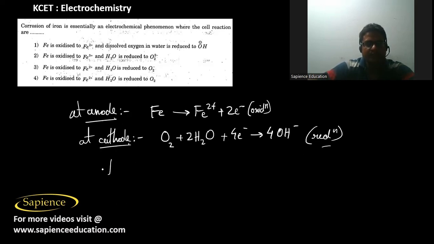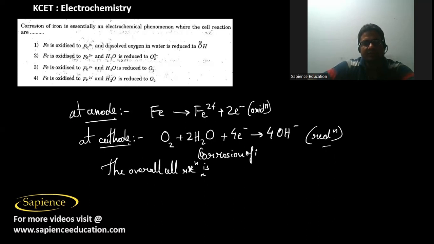So therefore the overall cell reaction which happens in the case of corrosion of iron, that is Fe plus O2, means 2 Fe will lose 4 electrons, since we have to cancel out the electrons.